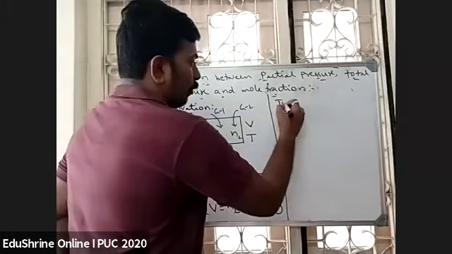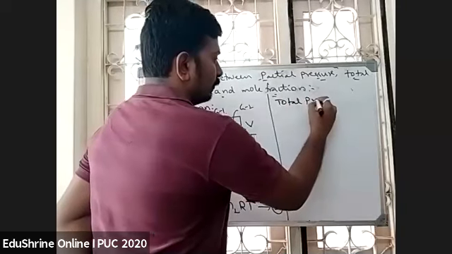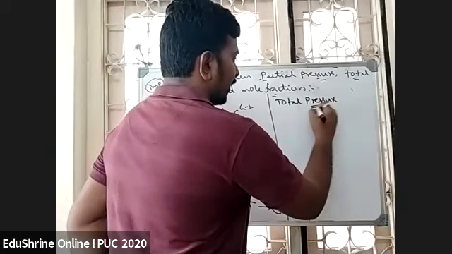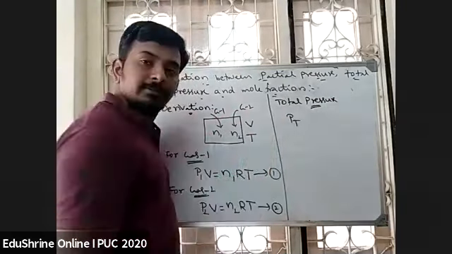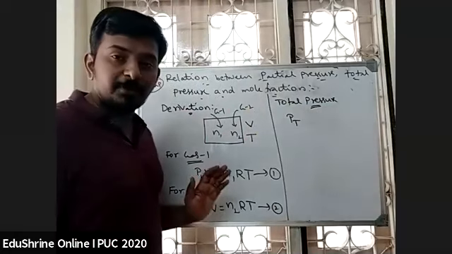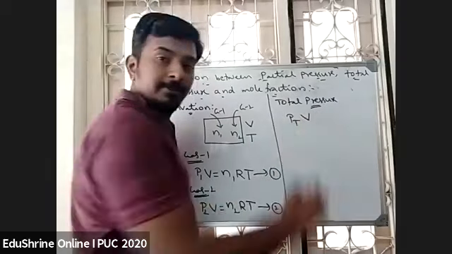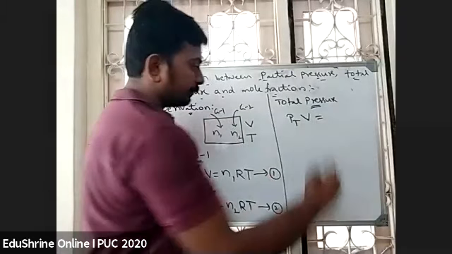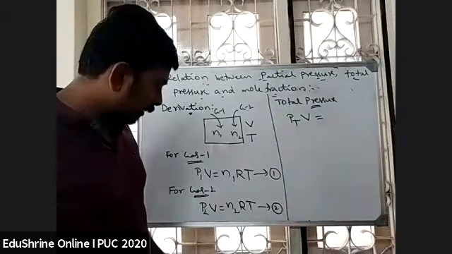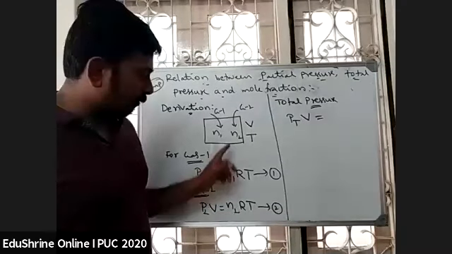Now, what will be the total pressure, students? Let the total pressure be PT for both the gases. Volume is V. So, what will be the total number of moles?